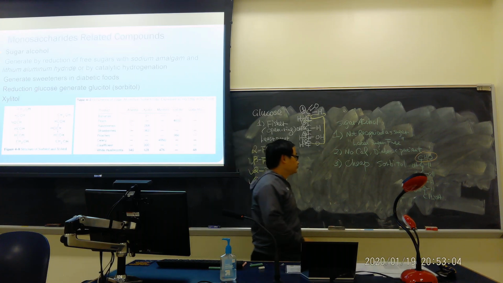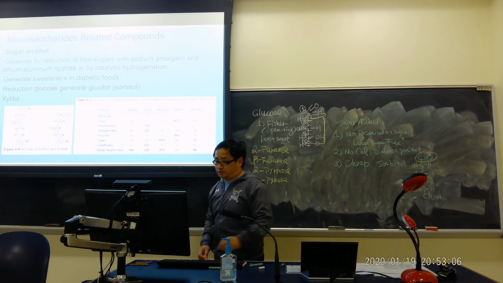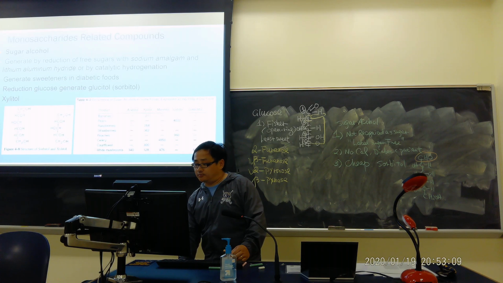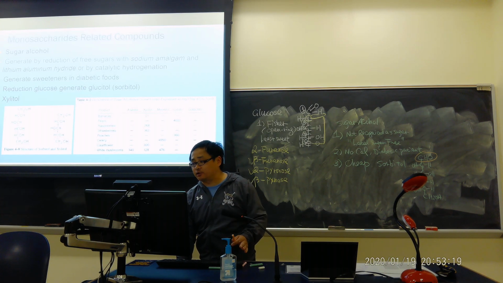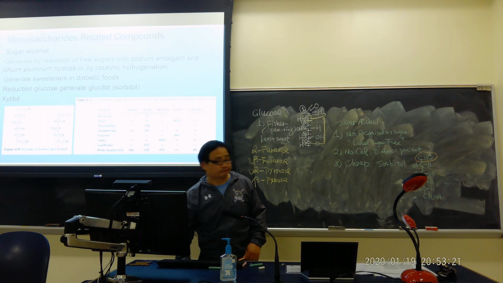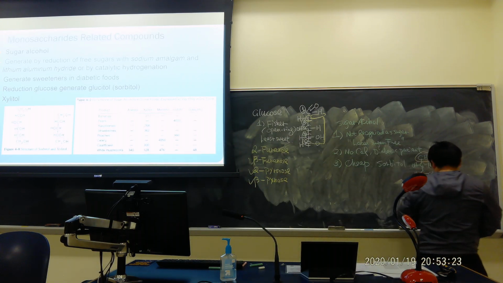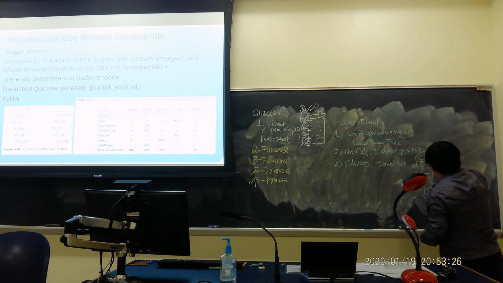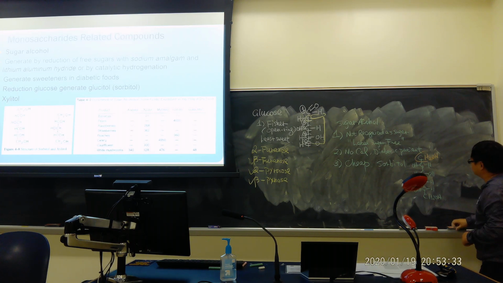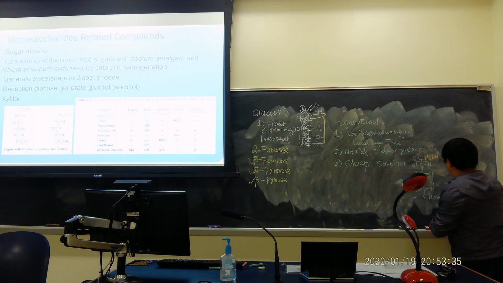What's the difference? This glucose, using some sodium aggregates or lithium aluminum hydride, or most of the time in commercial settings a hydrogenation process, this aldehyde becomes an alcohol, then this is not glucose anymore.